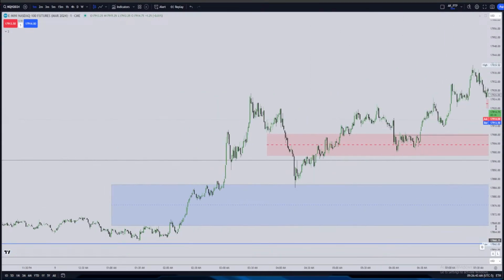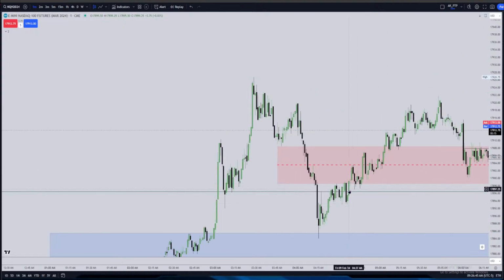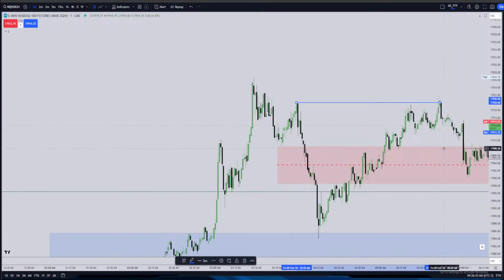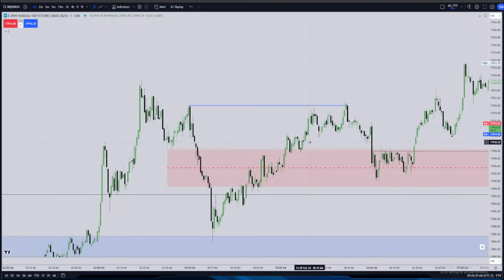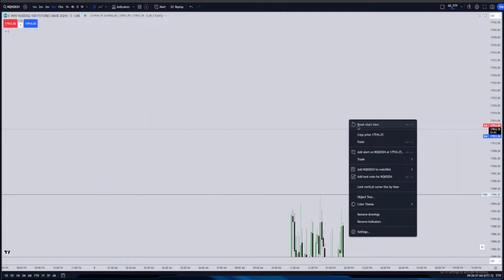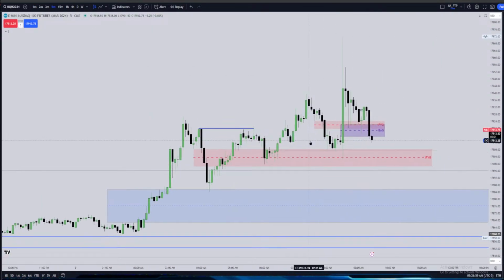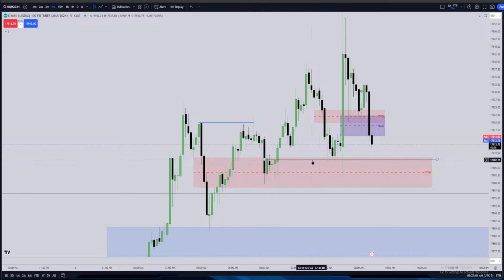I took a crazy entry on this fair value targeting this high. That was one of the profitable trades. The loss that I took was, let me show you on the 5 minutes for the first time. Where was it?